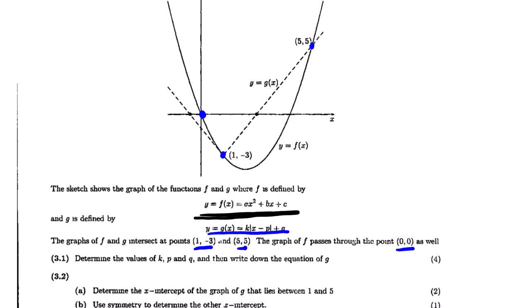So for the equation of g, we focus on the absolute value graph. We need to look at all the given information. In this case, we can see that we have these 2 points which are on the absolute value graph, and we can also see that this point is the vertex of the absolute value graph.